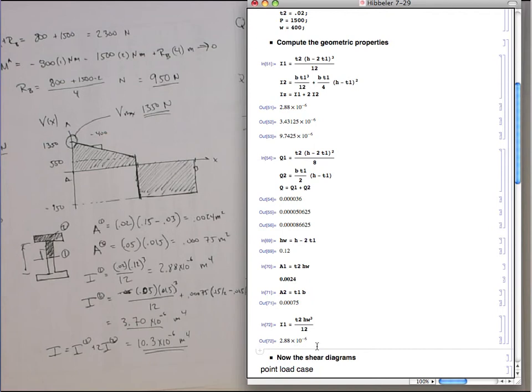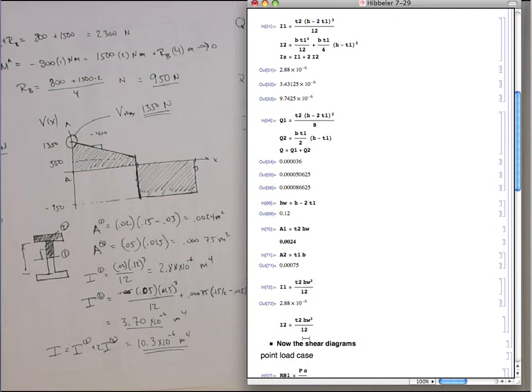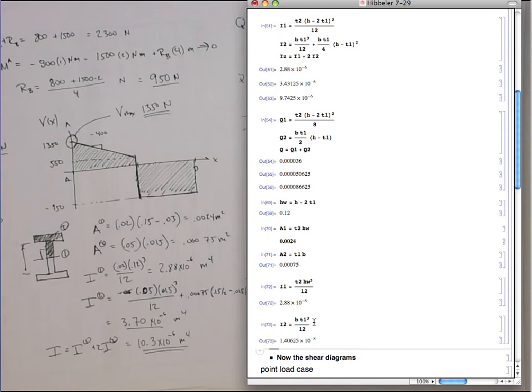All right. Now we're going to do I for section 2. That's going to be the same type of equation, but it's not T1. The base is B, and then the height is going to be T1. So that gives me the 1.4.